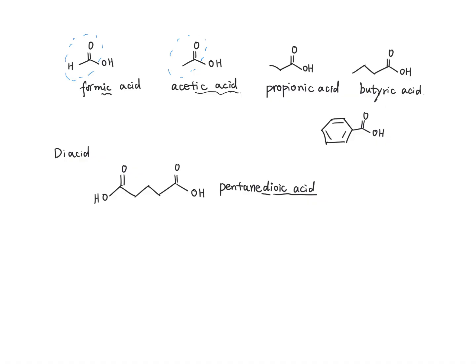For organic chemistry, we do need to know some of the common names for the diacids. The first one is when you have only 2 carbons, so the 2 carboxylic acid functional groups are right next to each other. This is called oxalic acid. This is a common name. The next one is when we have 3 carbons in total.